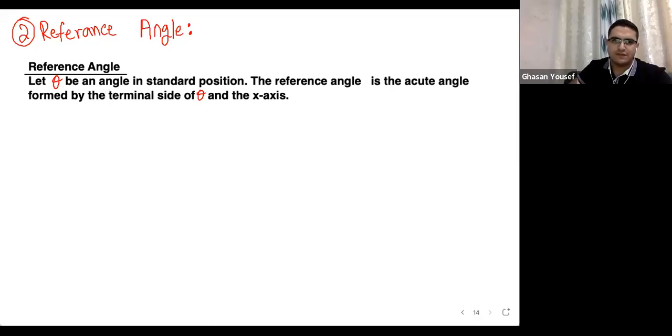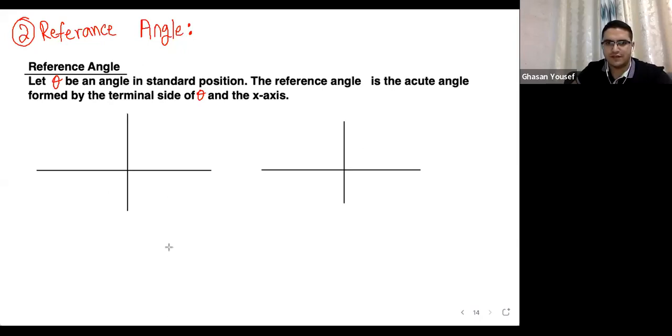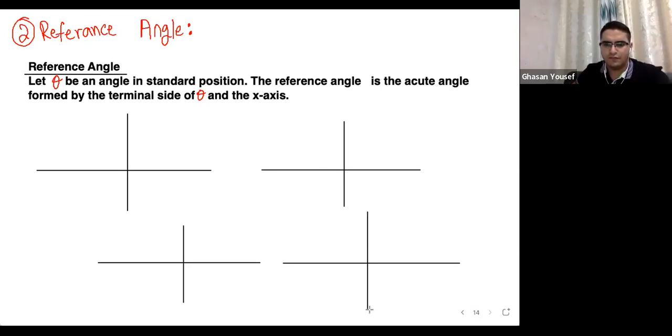So I'm going to explain this. We have 4 positions like this. For the first one, here's the initial side.